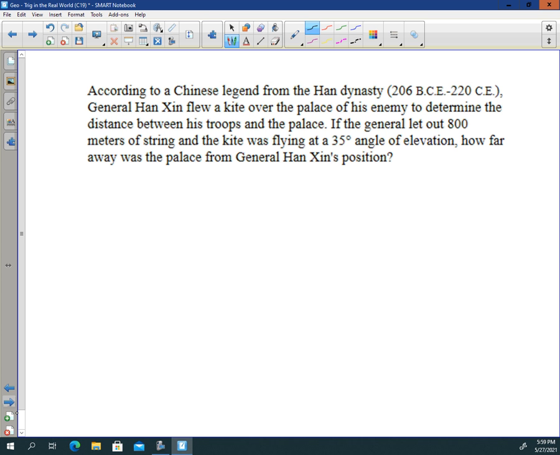So, according to this legend, we've got this kite, and it's flying over a palace. So the kite's up here, and the palace is down here, the ground is down there. And then if the general let out 800 meters of string, so here's the general, and the string going up to the kite is 800 meters.